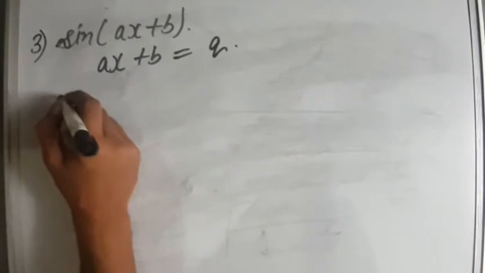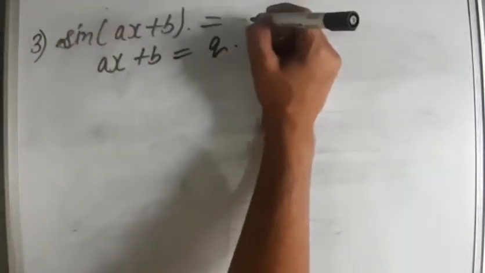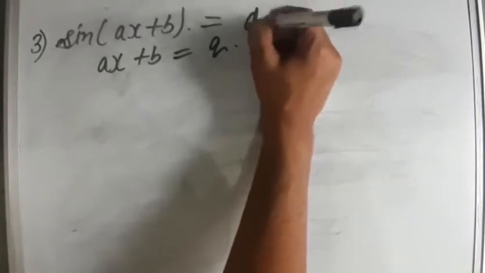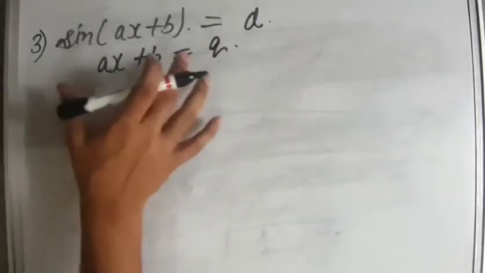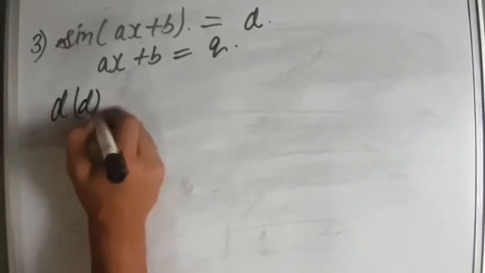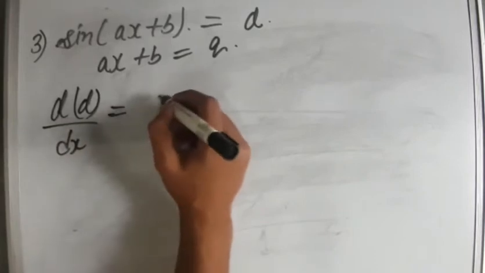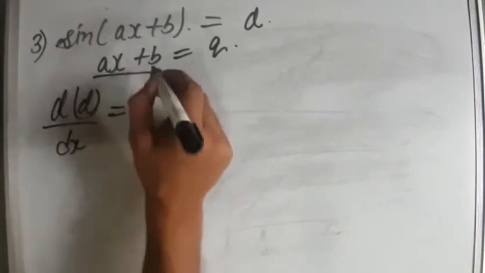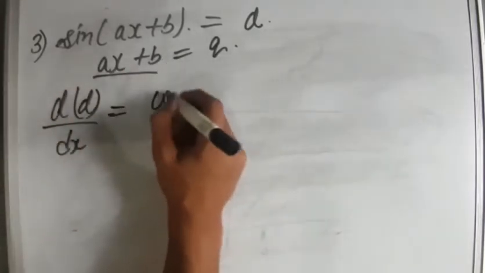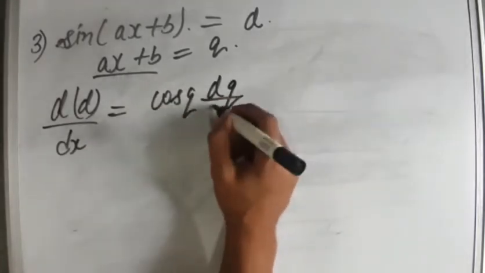Now I am taking sin ax plus b as d, and we need to differentiate d upon dx. Since we have considered ax plus b as q, here we have cos q with now the differentiation of q.